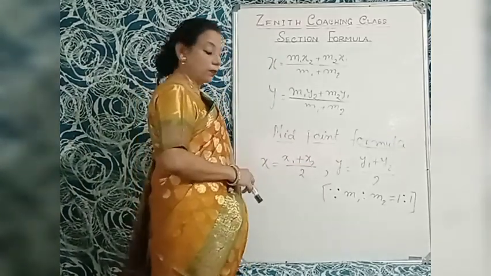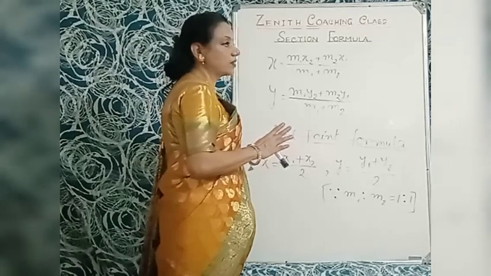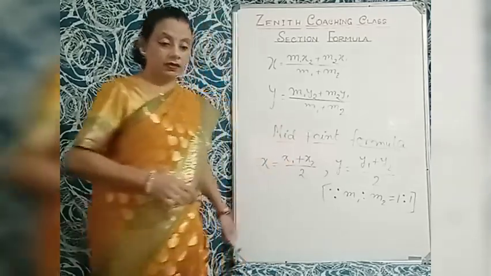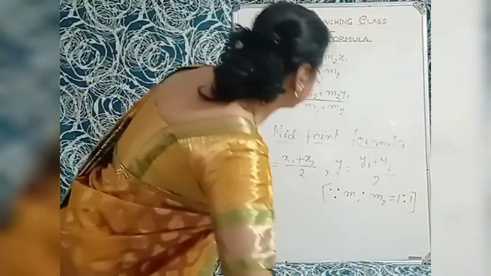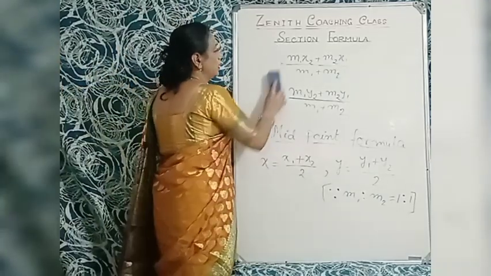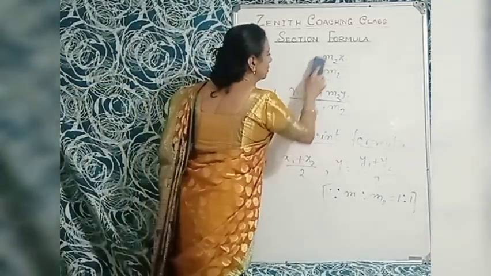Then there is another formula, for a triangle. Let's write the formula first. Let's think ABC is the triangle.